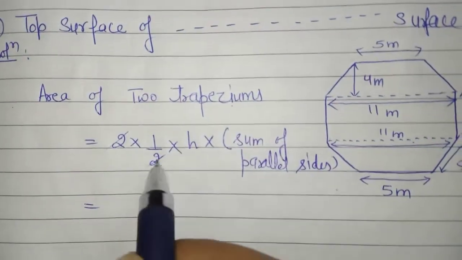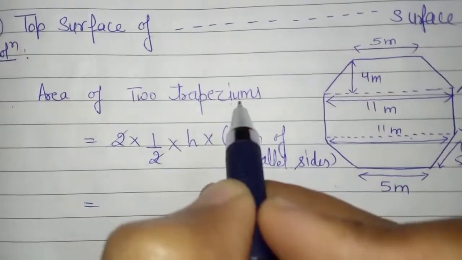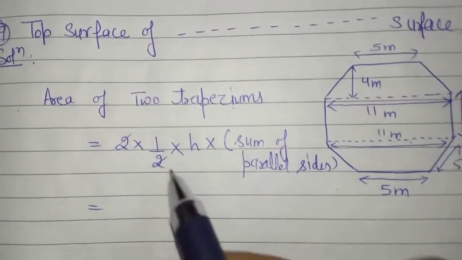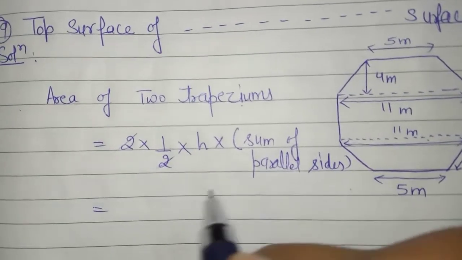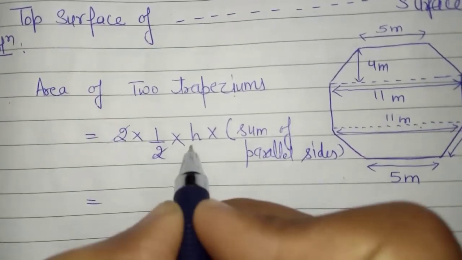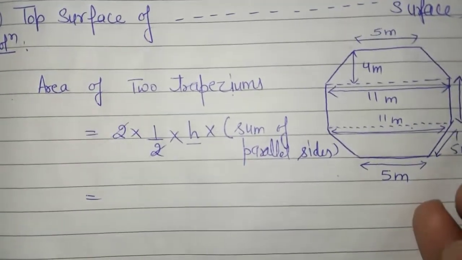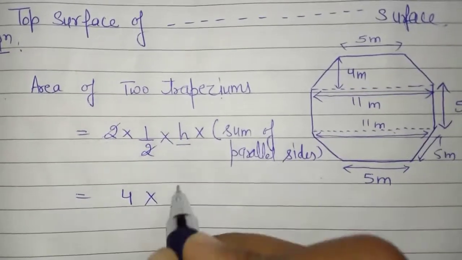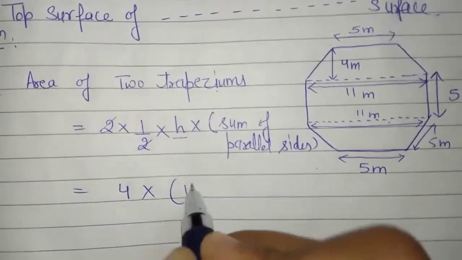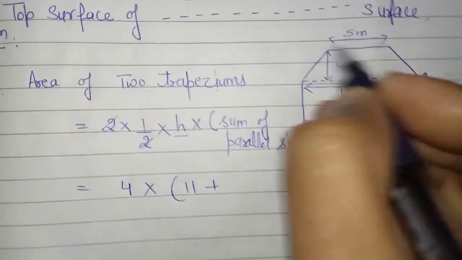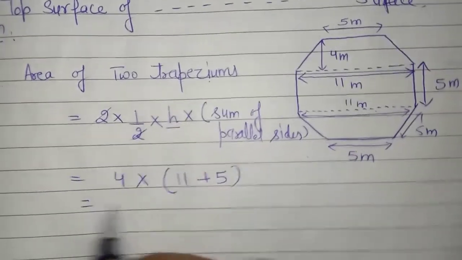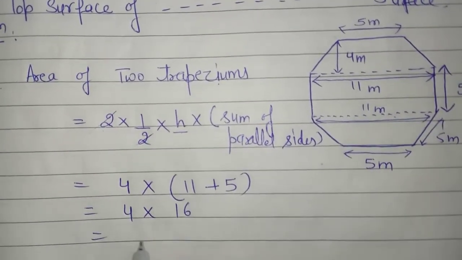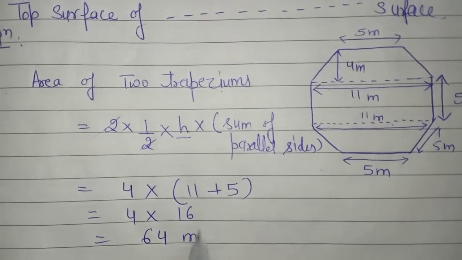So if one trapezium's area is this much, then two trapeziums' area is adding the same thing, which becomes 2 into that thing. Okay, so putting the value of h is 4 meter multiplied by sum of parallel sides. One side is 11 meter and the other side is 5 meter. It will be 4 multiplied by 11 plus 5 is 16. 16 into 4, 64 meter square.